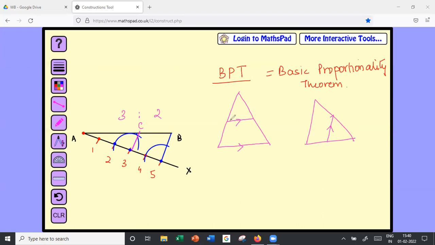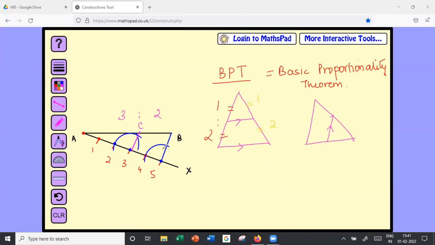If a line is drawn parallel to any one side of the triangle, then the division of this part to this part is the same as on the other side. The division in the two sides is in the same ratio. Suppose the one on the left side is divided in the ratio of 1:2, then the one on the right side will also be divided in the ratio of 1:2.